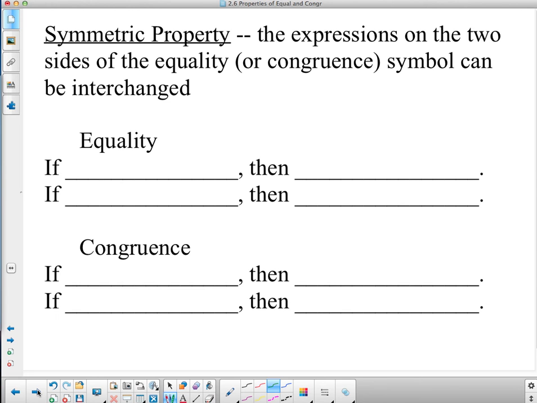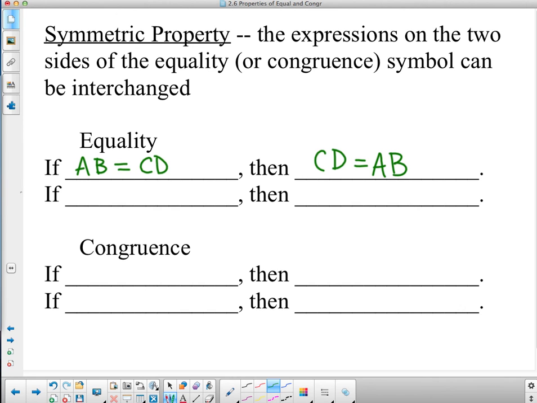So let's make a segment equality statement. If AB equals CD, then switch the 2 sides of it. What's on the right side here? CD. So now that becomes the left, and the left side now becomes the right.